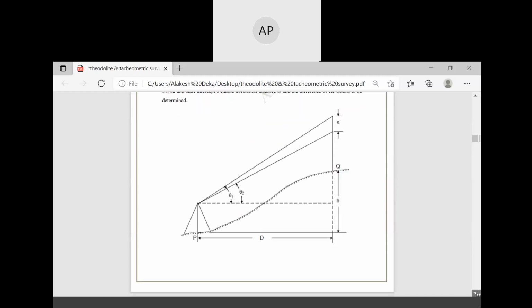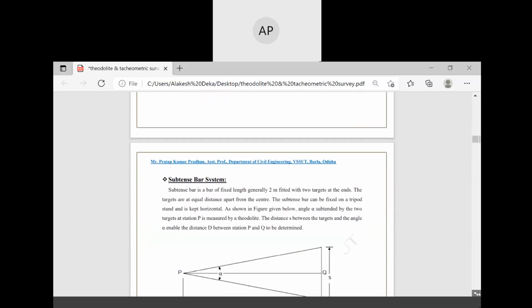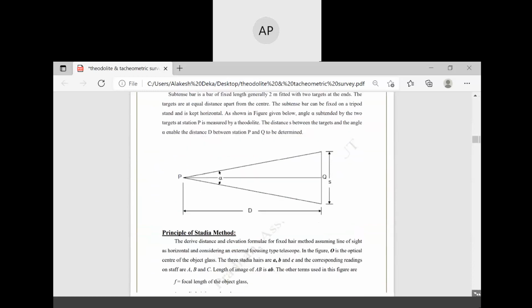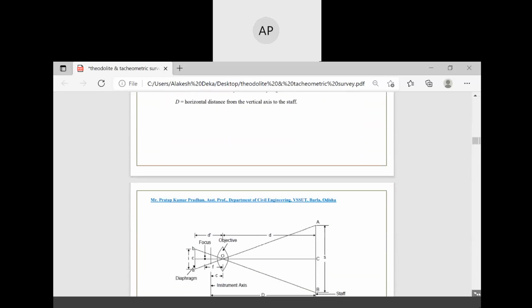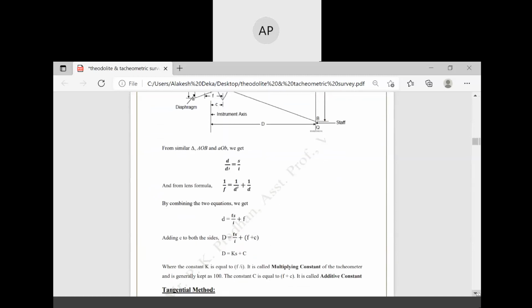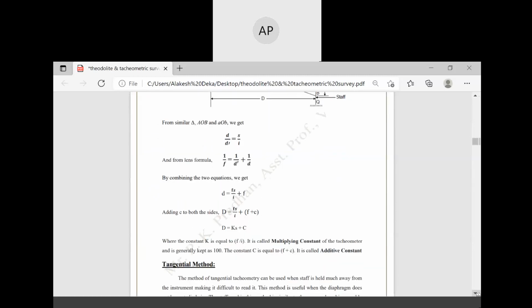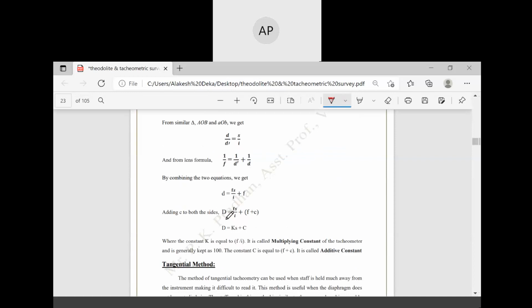Principle of stadia method. So this is the equation of the stadia method. k equal to f by i is called the multiplying constant of the tachometer and is generally 100.